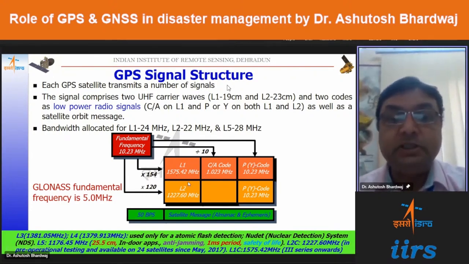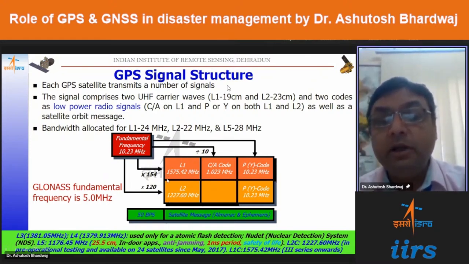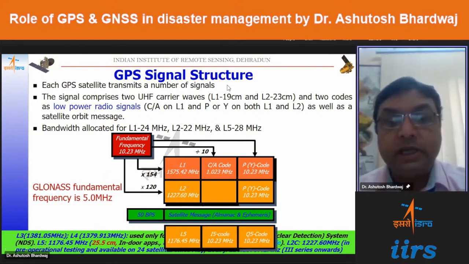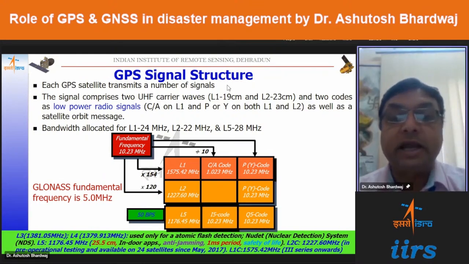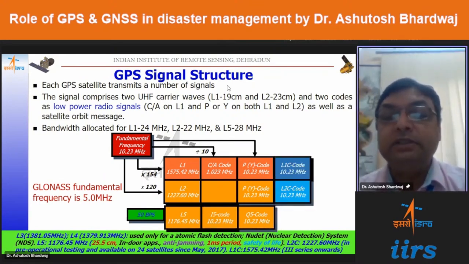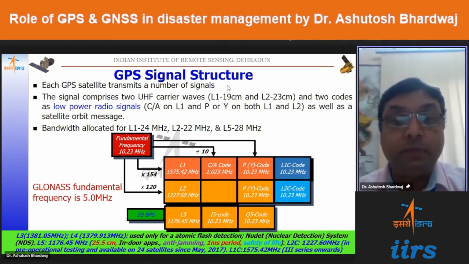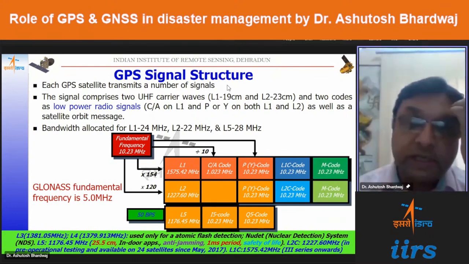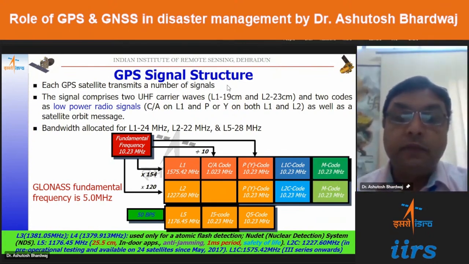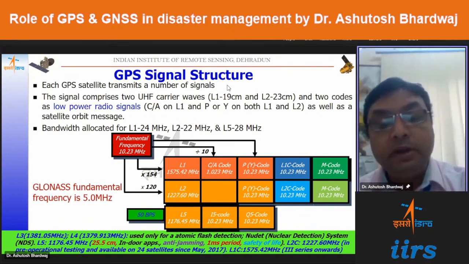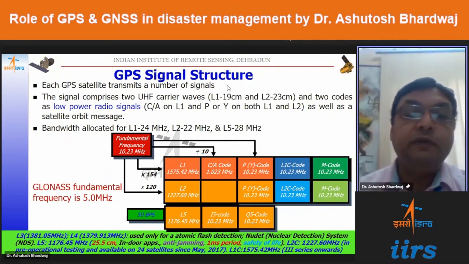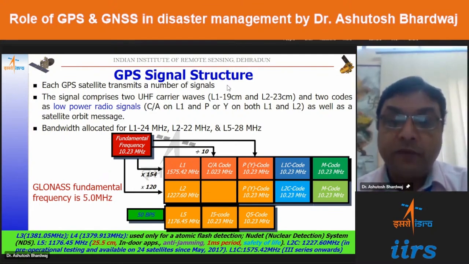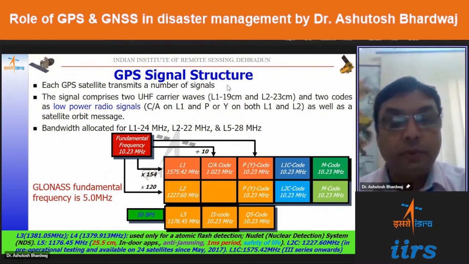And there are certain phase-based solutions which are provided with the help of the carrier waves, that is the L1, L2 and the L5, which is the latest carrier wave which has been added into the basic system, along with the L1C, L2C codes which are in the pre-operational stage and the military code M. So these are the codes which are currently under use along with the L1, L2, L5 carrier waves, whereas L3, L4 are also there, which are used by the US defense for the finding of nuclear detonation anywhere on the globe.